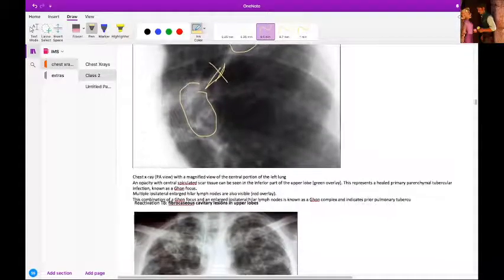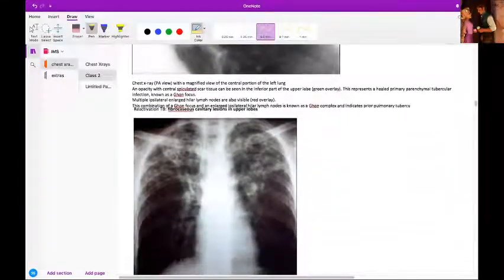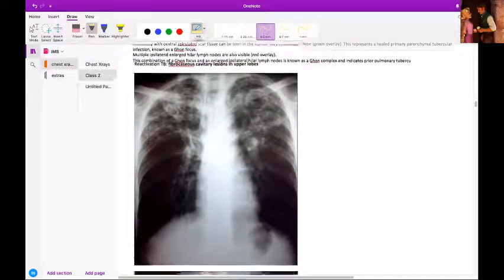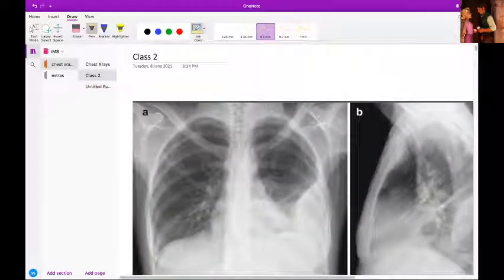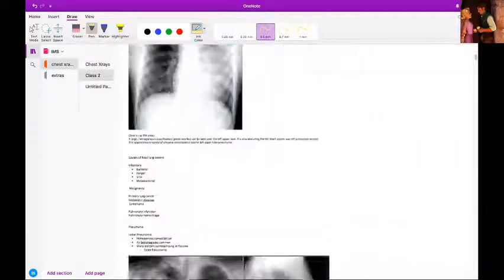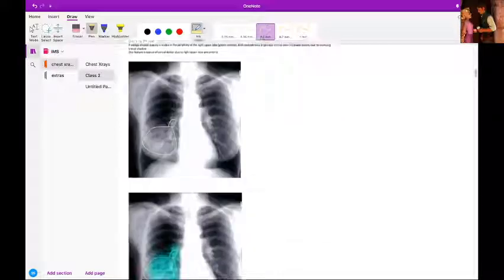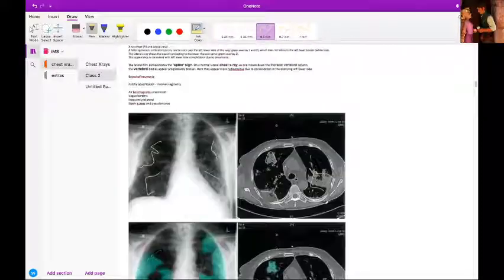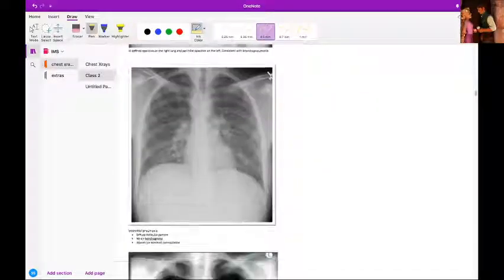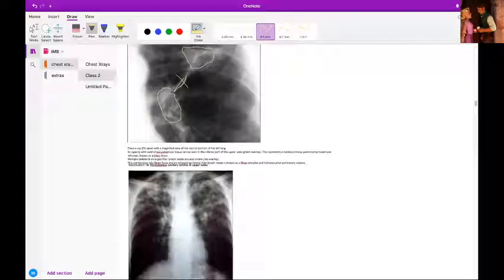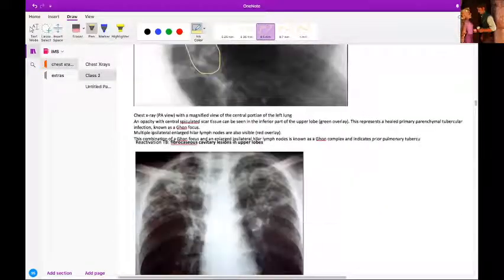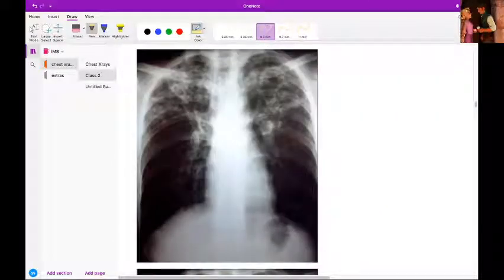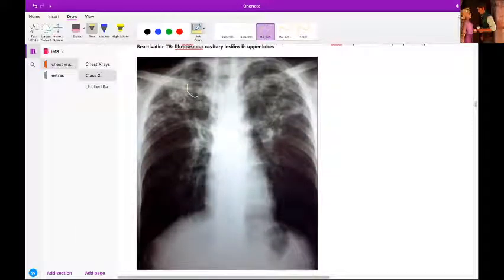Then this is like the reactivation of primary TB. So here you can see these cavitary lesions.